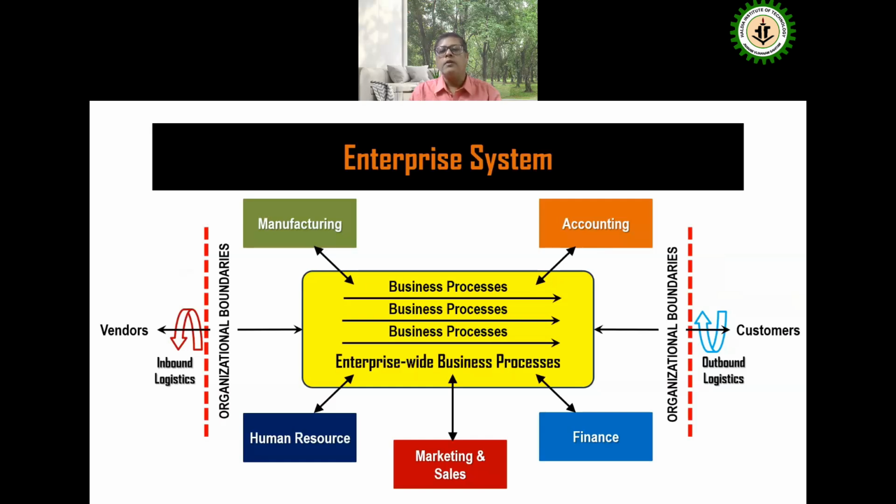So all these are concerned with the outbound logistics.